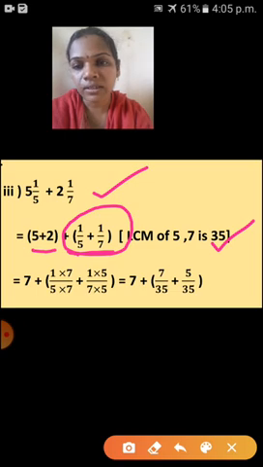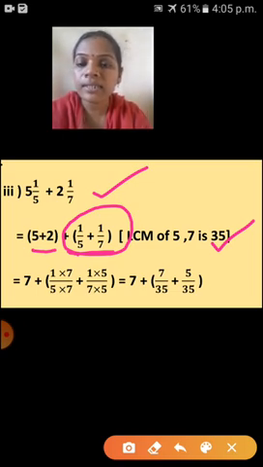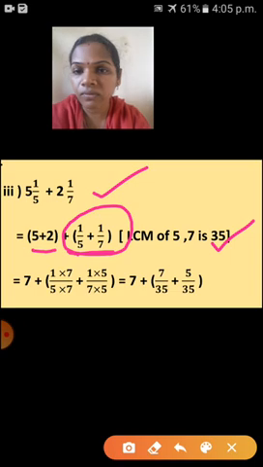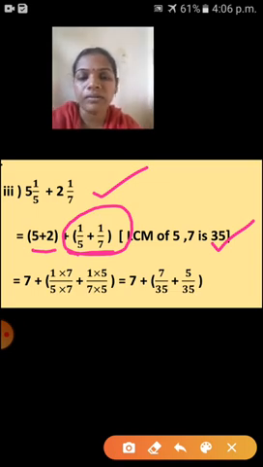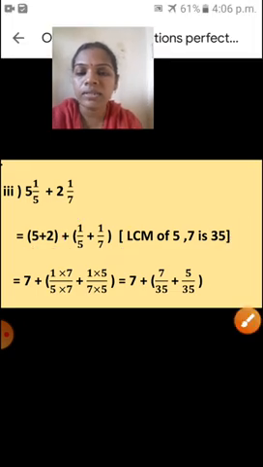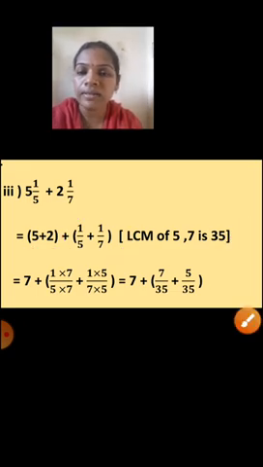The denominators are 5 and 7, so you have to find the LCM of 5 and 7. For that you have to say the fifth and seventh tables. The least common multiple that comes is the LCM of 5 and 7.